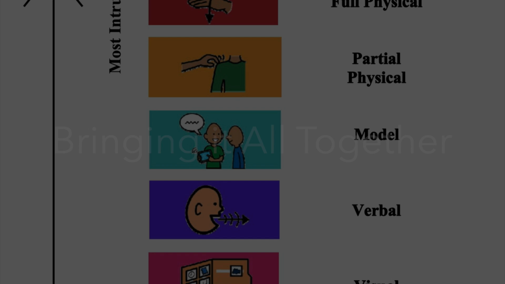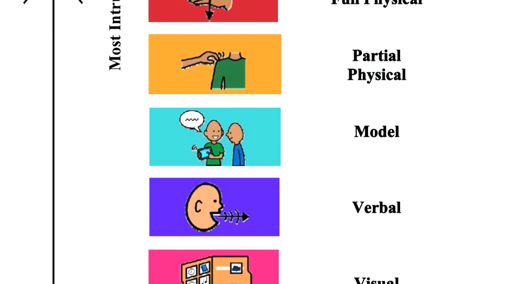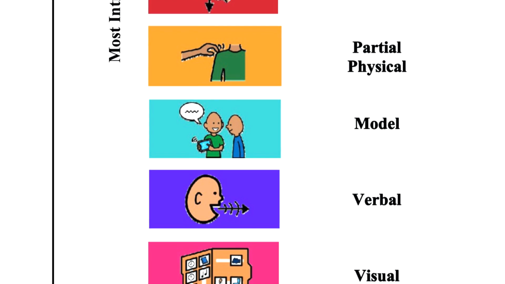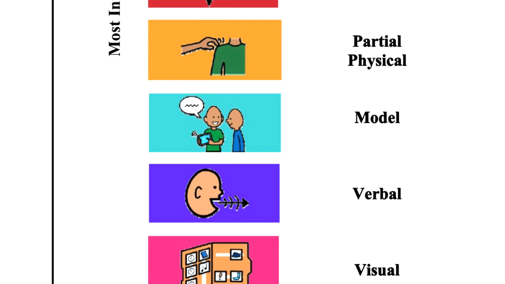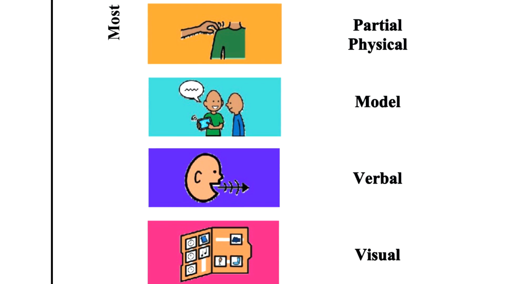A prompt hierarchy can help one decide what prompt to begin with when teaching a new skill, and can also be useful when planning what type of prompt to provide as a child develops new skills. It must also be considered that a prompt should always correspond with the task at hand.